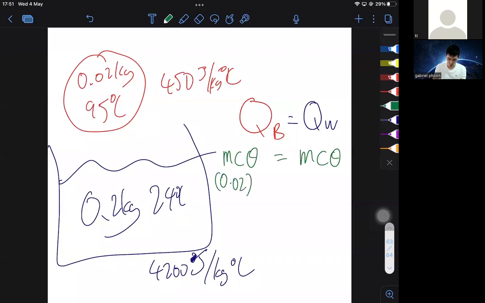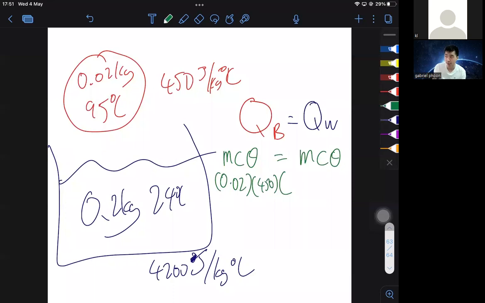From here, you're going to start substituting in 0.02 for the mass of the ball and a specific heat capacity of 450, multiplied by the theta. The theta is the tricky part, guys. You pay attention. Some students will like to write 95 because they think it's going to be 95 going to 0 degrees Celsius. But the real answer is you do not know what the final temperature of both of them is when they are in equilibrium.